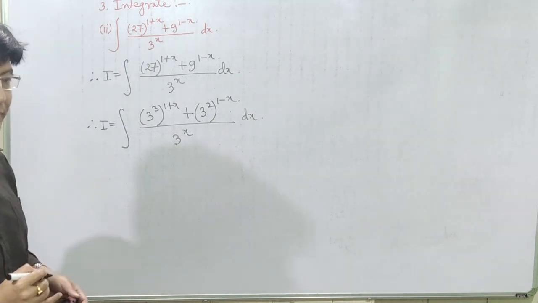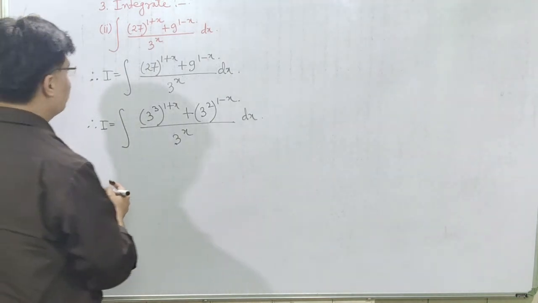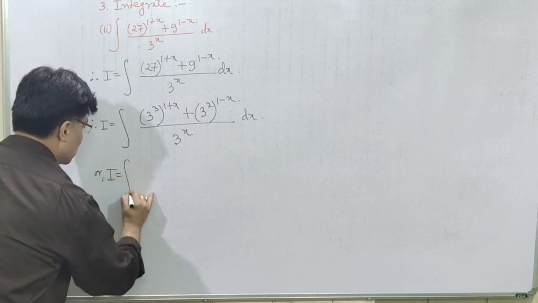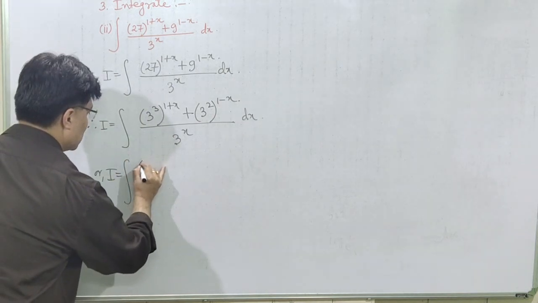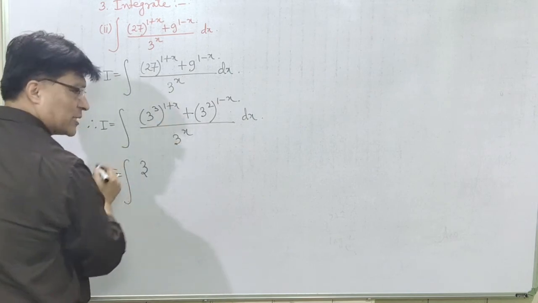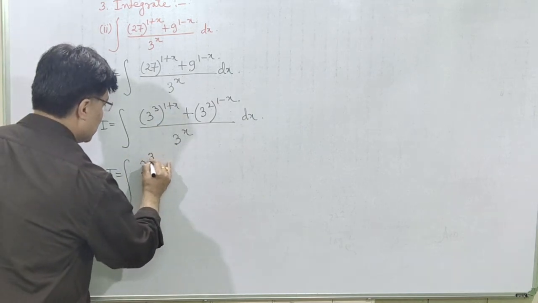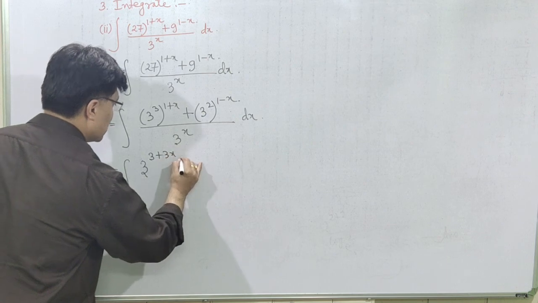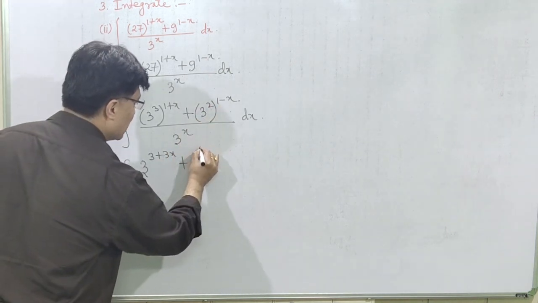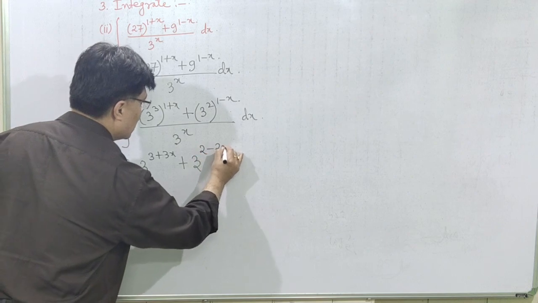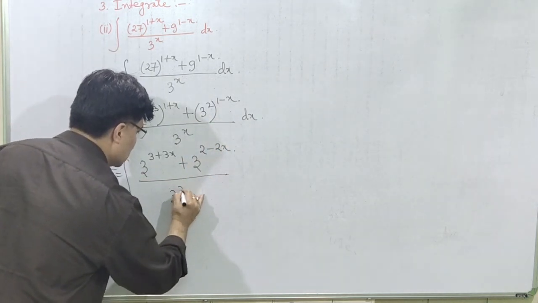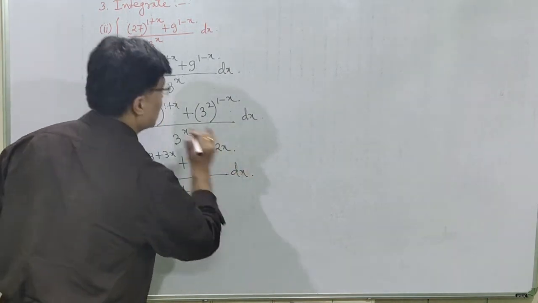Okay. Now let us simplify it further, or I is equal to integral sign, this is 3 to the power. These two powers can be multiplied, that is 3 plus 3x plus 3 to the power. Again these two powers can be multiplied, 2 minus 2x whole divided by 3 to the power x dx.